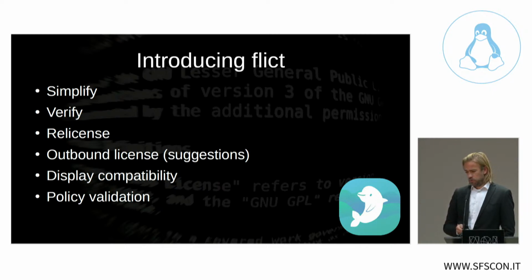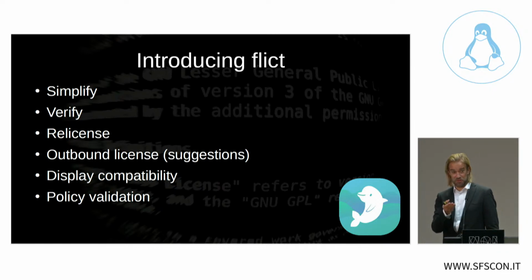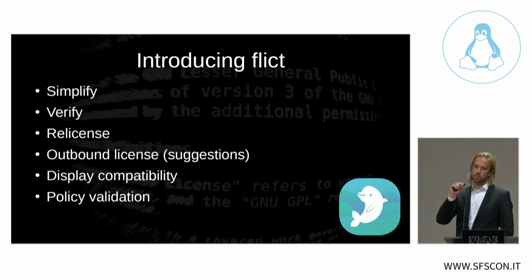We have a huge list of aliases or translations because, as you know, sometimes you read GPL v2, GPL v2+, but the correct SPDX identifier is something we use, so we have to translate from what we could call a sloppy way of writing a license to an SPDX style. We can display the compatibility. This is something I'm using when I'm working. I'll show you later. And we can validate the verification with a policy.